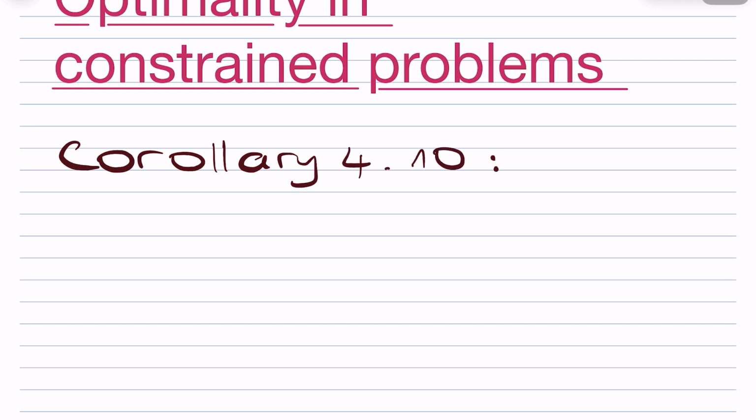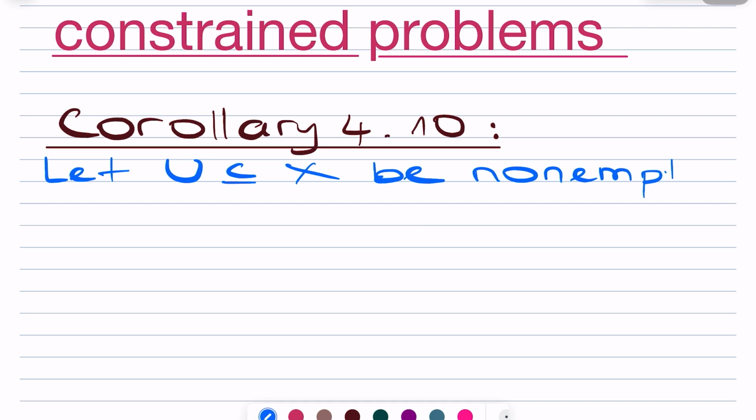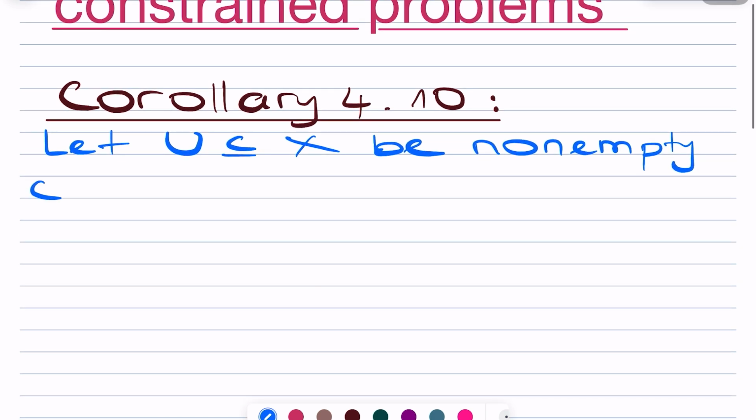Okay, so in continuation with our previous lecture, our main result is actually entailed in Corollary 4.10. So let U be a subset of a Banach space X, non-empty, convex and closed.